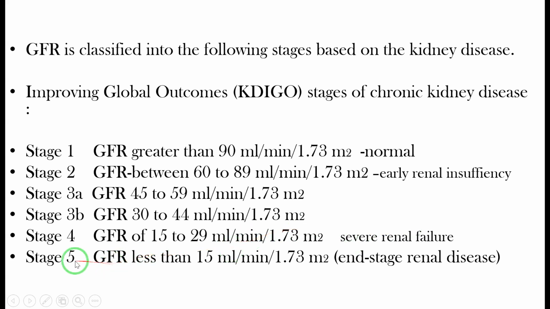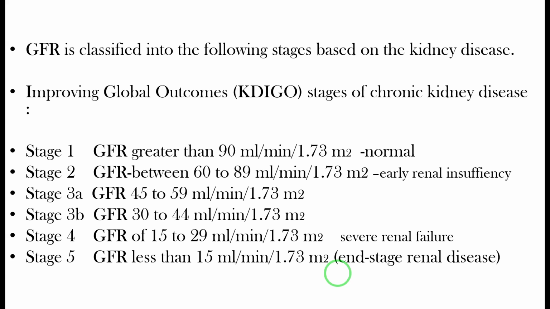And if the clearance and the GFR was less than 15 ml per minute per 1.73 square meter, this patient has end-stage renal disease, and there will be a very marked elevation of the plasma concentration of both urea and creatinine.